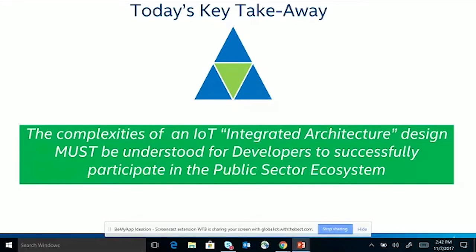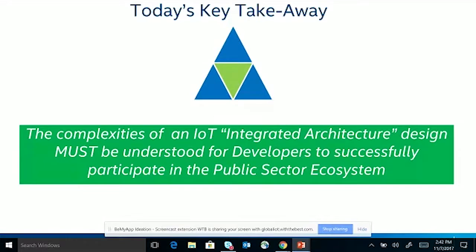It is absolutely critical that thought be put into how all of these different pieces fit together so that before you start doing a development project, you spend a little bit of time doing an architectural set of trade-offs, and that you are able to then think about how can I best create a development set of deliverables to bring to market, to partner in the public sector space, if that's the market you're aiming for, to actually have an adoption.